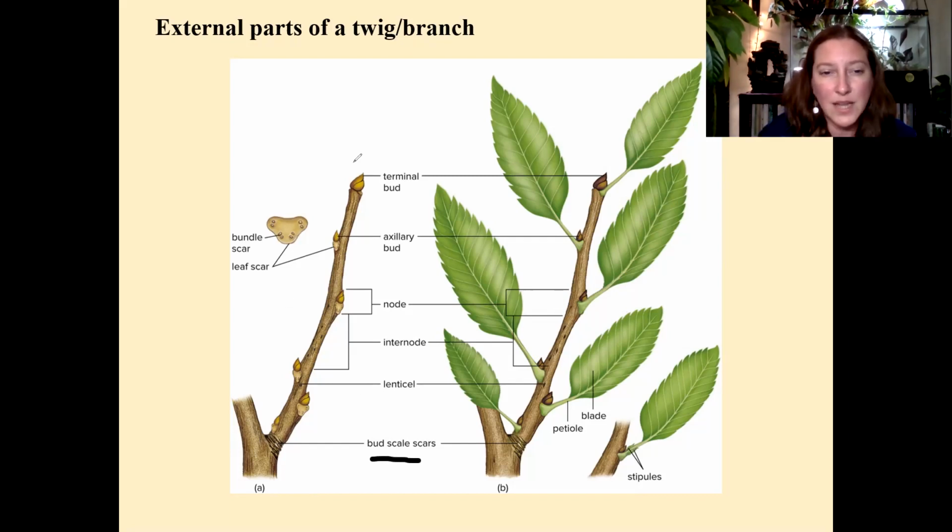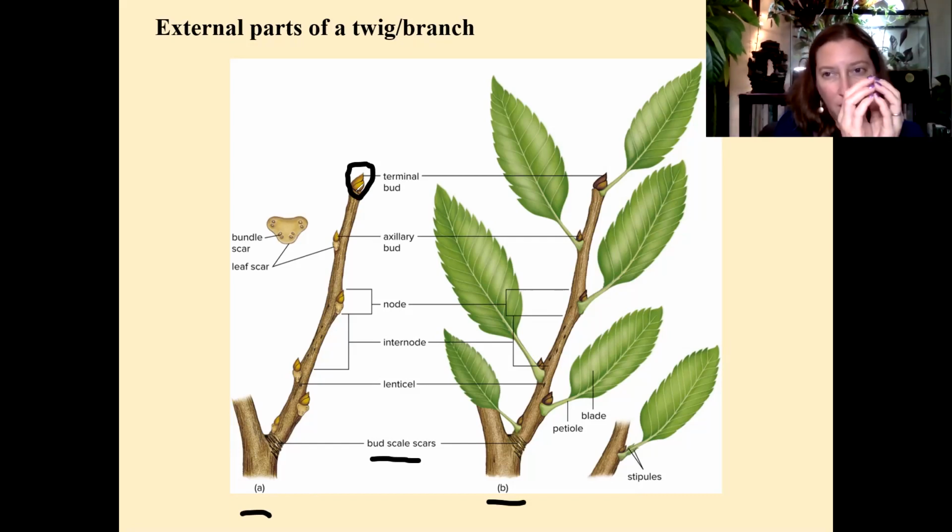So remember how I said this one in A is like the wintertime one, and this one in B is like the springtime, or spring-summer, one? Here's how you think about it. So here's this terminal bud. When spring happens, the outside of the terminal bud is going to open and fall.